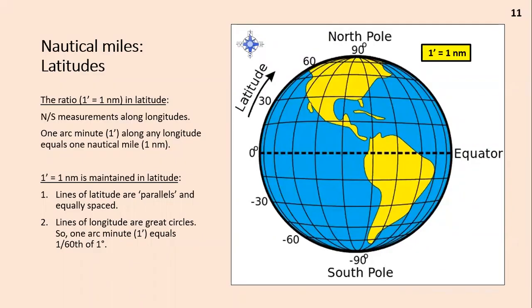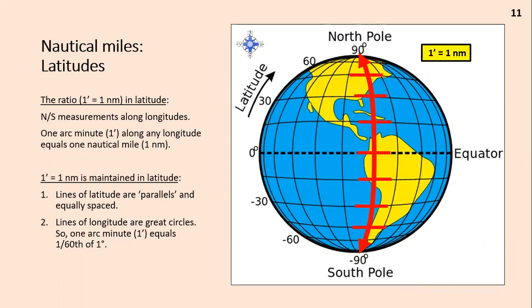Nautical miles: measuring distance between latitudes. Let's begin by looking at how the 1 arc minute to 1 nautical mile ratio relates to measuring vertically between latitudes. To measure distances north-south, measurements occur along lines of longitude. 1 arc minute along any line of longitude will equal 1 nautical mile in latitude.